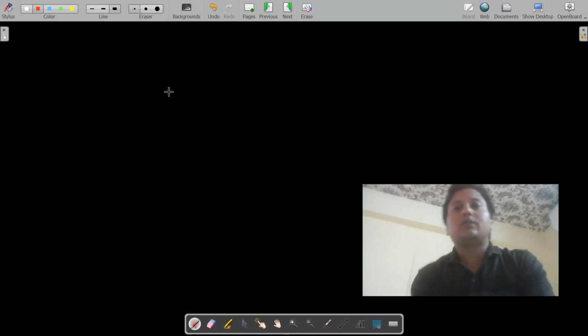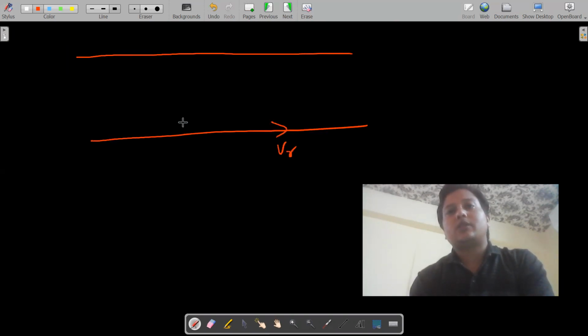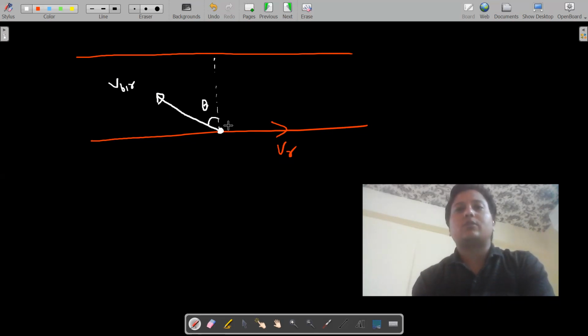So in solving, there is a speed Vr and there is another speed VBR, and the angle with this line is theta. We can break it into components. Vr is greater and VBR is less in amount.